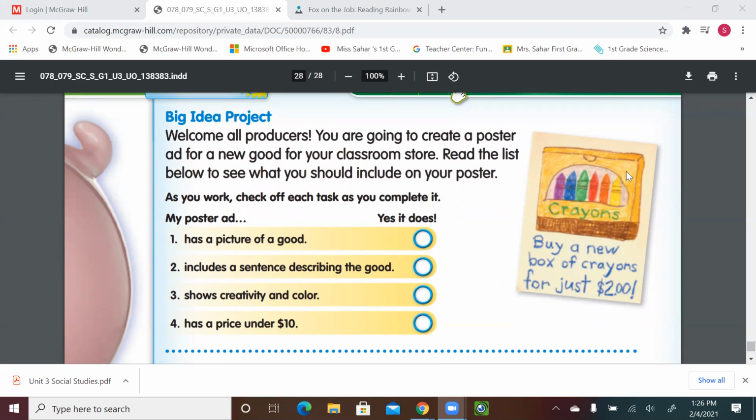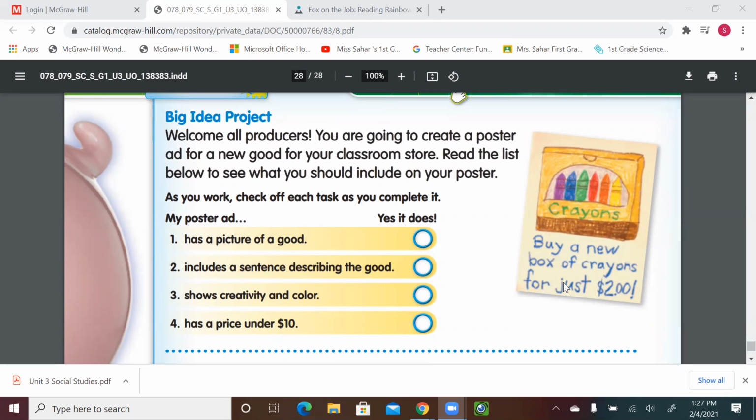So that's what you need to do. A poster like that, choose any item to do. It could be a pencil box, it could be a book, it could be notebooks, it could be two items together, a ruler and a scissor or something. And you draw them here, colorful, and then use a sentence like buy a new box of crayons for just $2, or buy two items, get one for free.